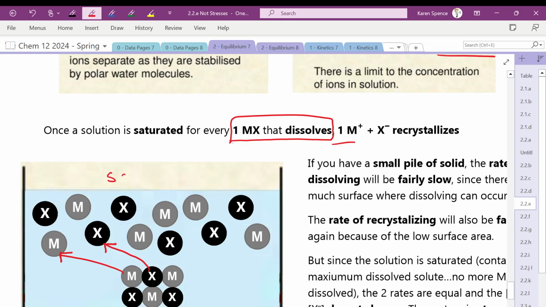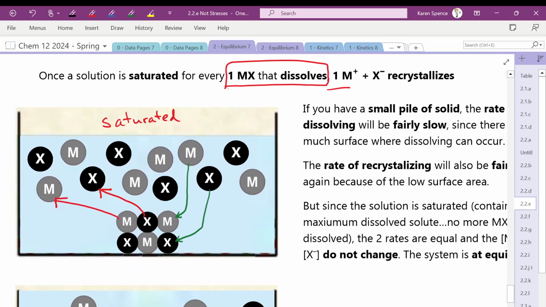Okay, if this is saturated, can I fit any more ions in there? No. So if 2 more ions dissolve, what has to happen to another pair of ions? They have to precipitate. Are you guys familiar with the word precipitate?